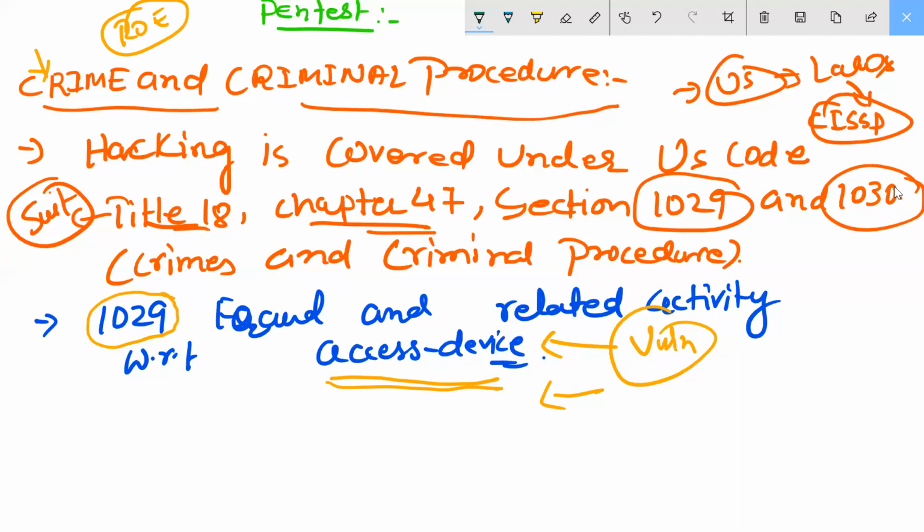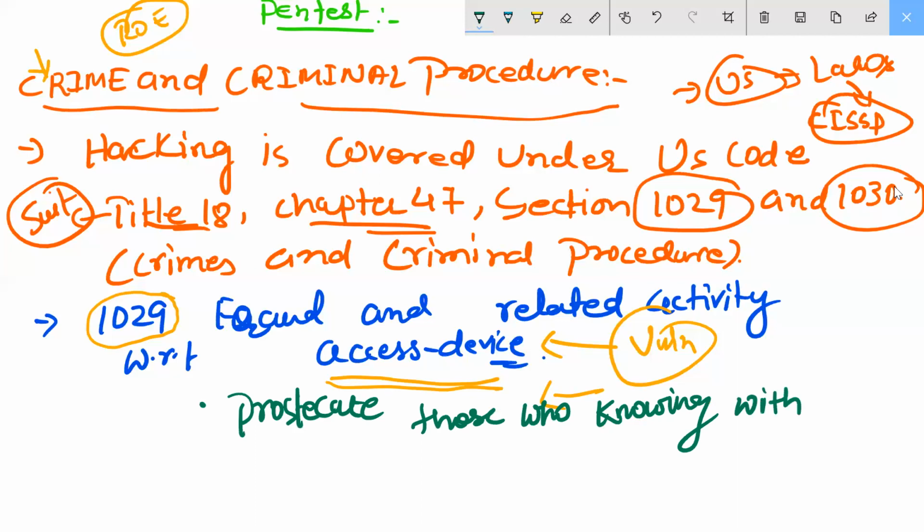What I am telling you is you have to remember all these points. Prosecute, what they will do: those who knowingly, with intent to.